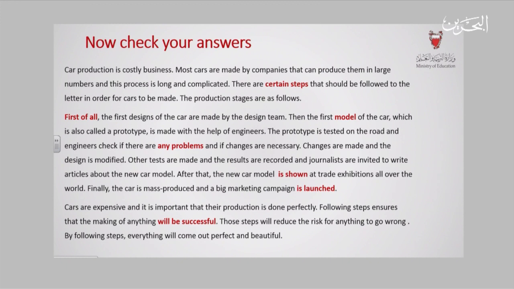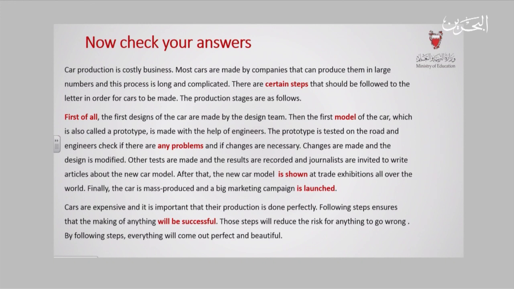Other tests are made and the results are recorded, and journalists are invited to write articles about the new car model. After that, the new car model is shown at trade exhibitions all over the world. Finally, the car is mass-produced and a big marketing campaign is launched.